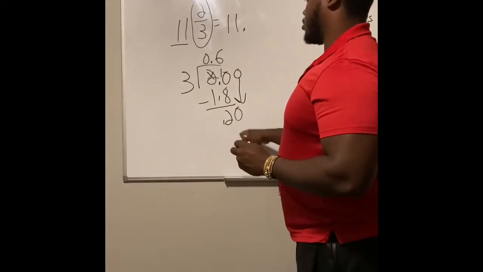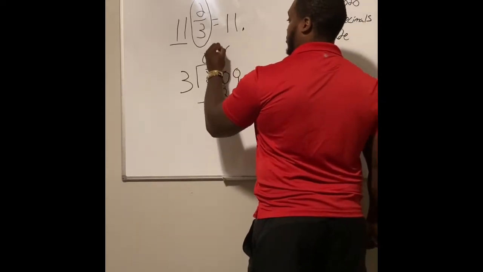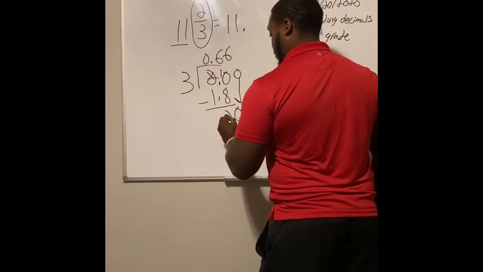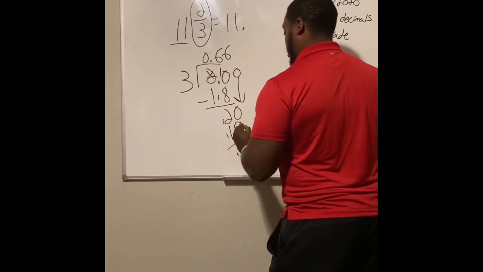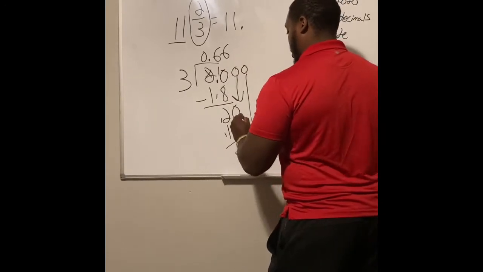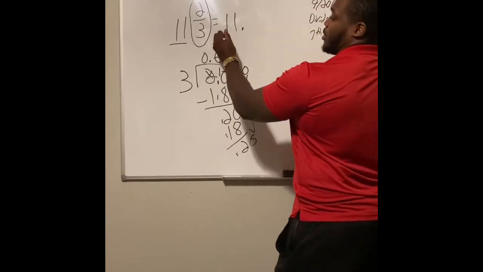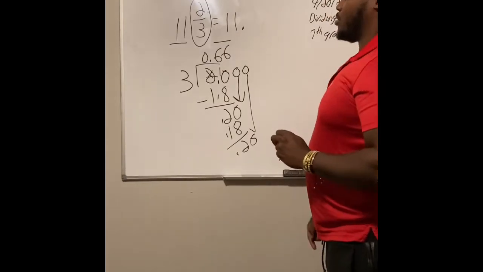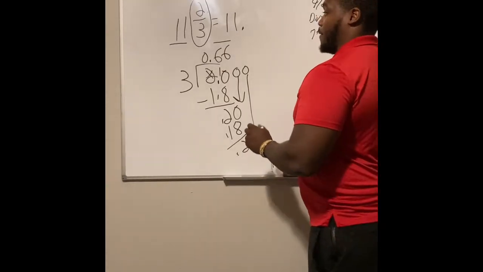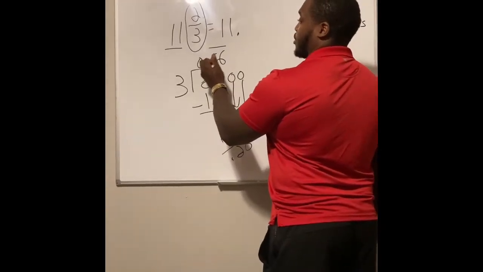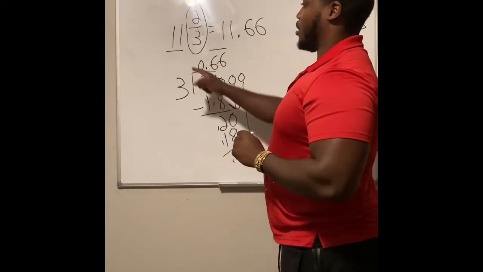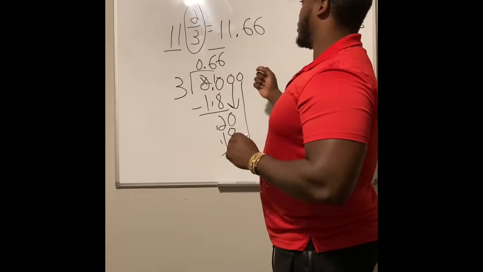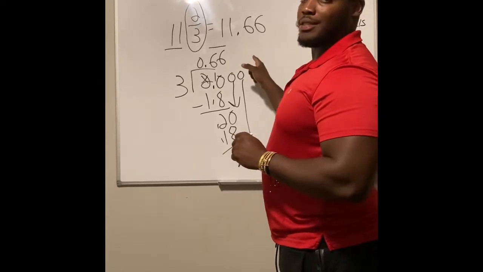Then 3 goes into 20 6 times again. Add another 0, drop it down. So as you see, this is going to be a repeating decimal. So all you will have to do is take the 0.66 from here and add it up here. So 11 2/3 expressed as a decimal is 11.66.